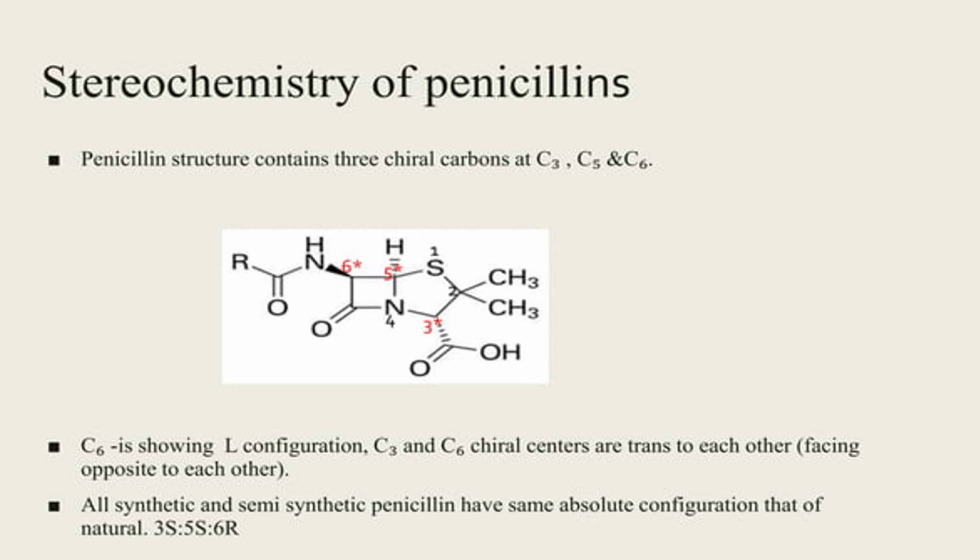Now this particular structure has chiral carbon atoms at carbon number 3, carbon number 5 and carbon number 6. So if anybody asks how many chiral carbon atoms are there in the given structure, there are totally 3 chiral carbon atoms, and depending upon the chiral carbon atoms, a variety of optical rotations and stable and unstable configurations are shown by the penicillin compound.